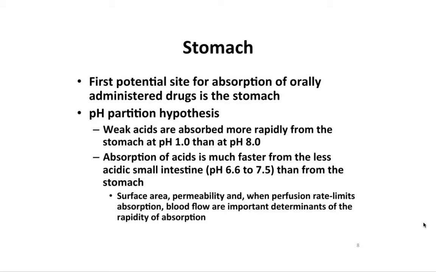All of this will contribute to greater absorption no matter what the nature of the molecule, whether it is acidic or basic. Because of various physiologic and anatomic factors, molecules will get absorbed at a much faster rate from the small intestine than the stomach, even if the molecule is acidic.